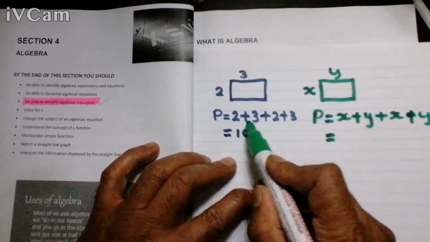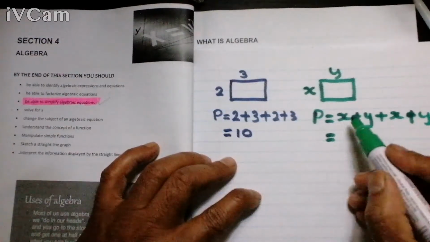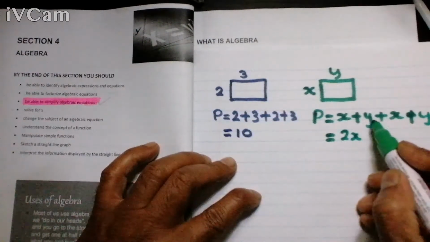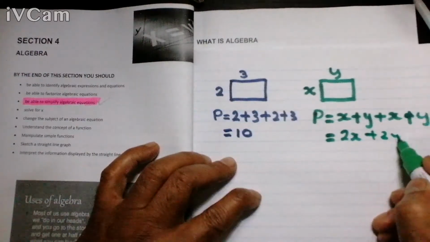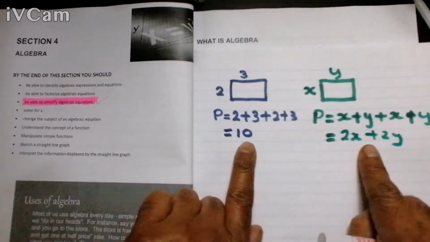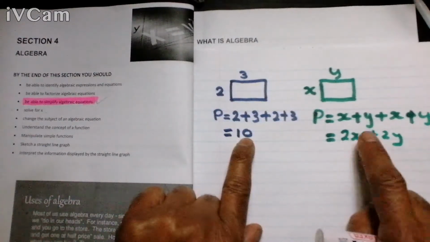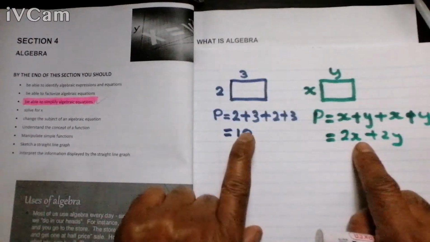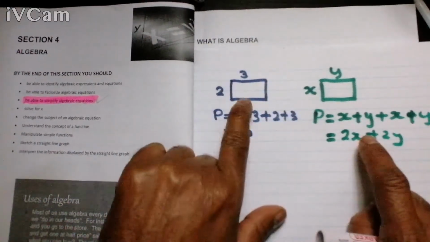Because this is an arithmetic expression, you see it has only numbers, but this has variables. So I've got one x there plus another x, that would be 2x, and y and another y, 2y. So the difference here is that this is more generalized. Algebra allows us to generalize things, and this is very specific to one of the rectangles, which is mine.